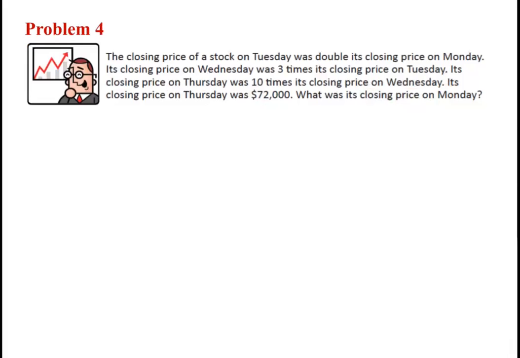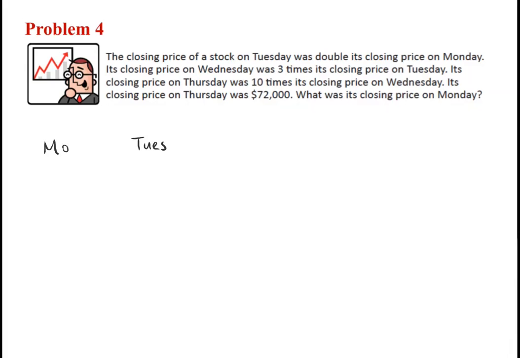Question 4. You are given some stocks, well, one stock actually, and you want to find the closing price of it on Monday. So we know that on Tuesday, the closing price of the stock was double its closing price on Monday.